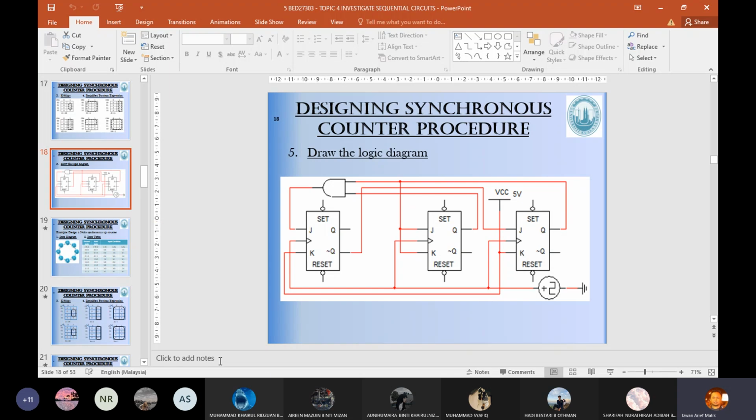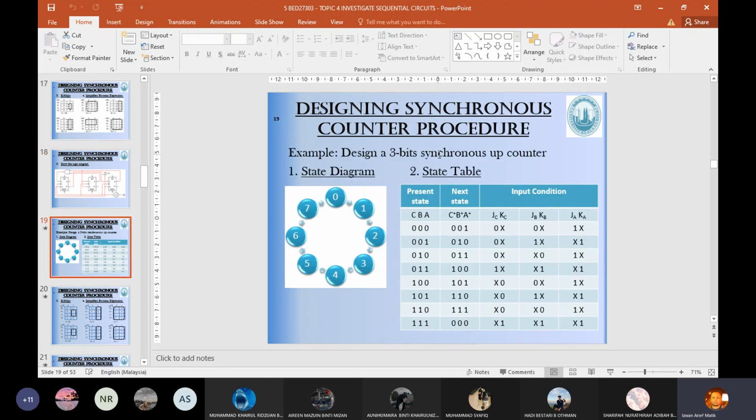Alright. Then we move on to another example here to design a 3-bit synchronous up counter. So 3-bit means that it is a full cycle of 3 bits, which is 0, 0, 0 until 1, 1, 1. So 0, 1, 2, 3, 4, 5, 6, 7. Right, so you can design the state table, the present state, CBA, 0, 0, 0 up until 1, 1, 1.